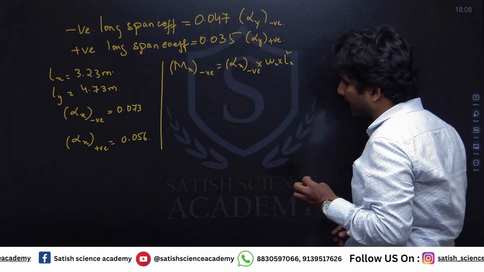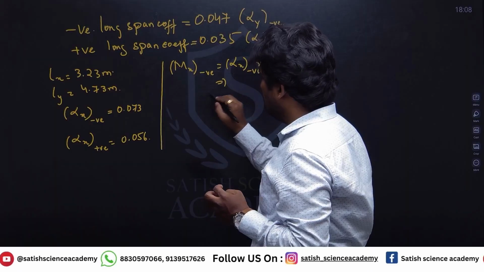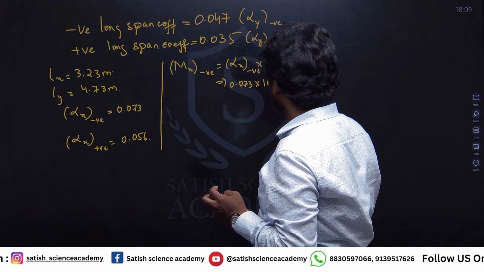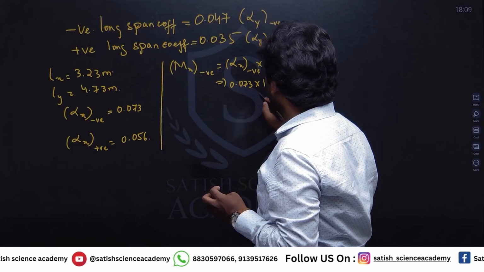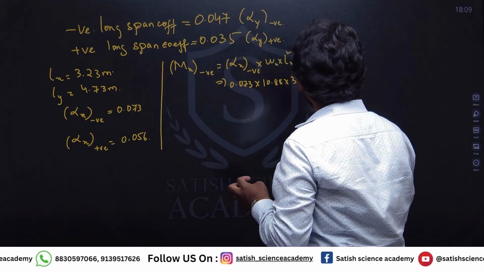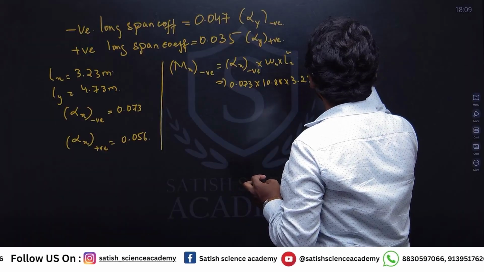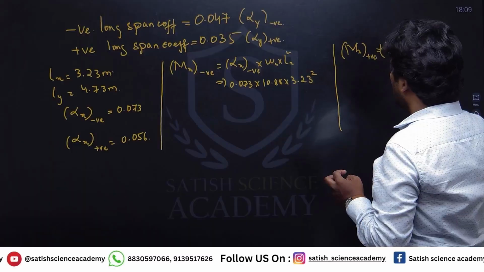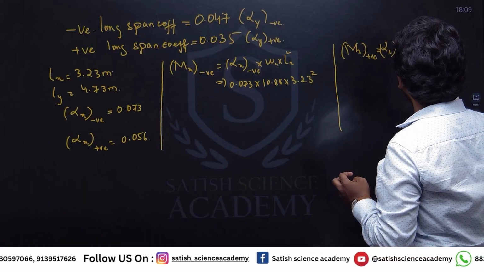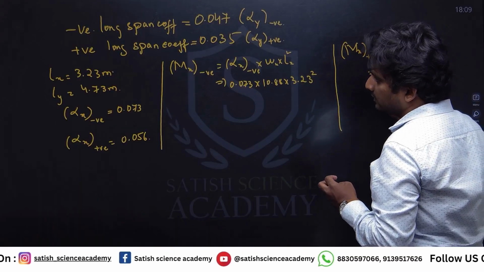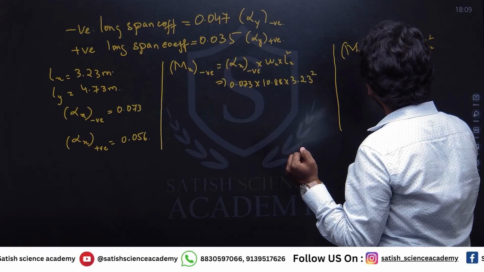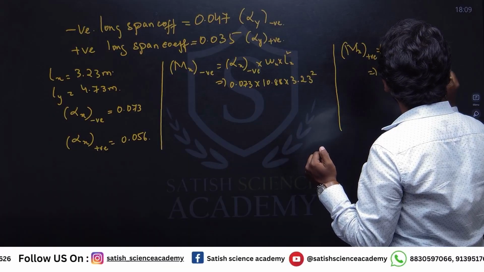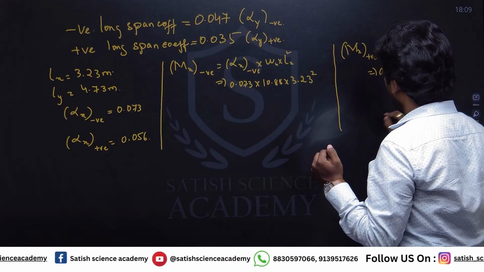Wu value is 10.88, so this will be 0.073 into 10.88 into 3.23 square. So this is the negative moment, and Mx positive equals alpha x positive into wu into Lx square. So alpha x positive is 0.056 into wu 10.88 into 3.23. Okay.